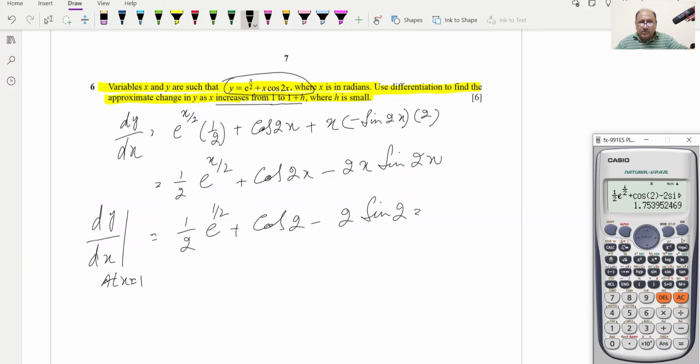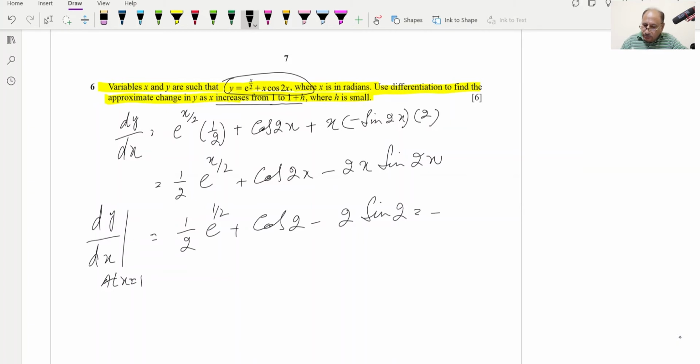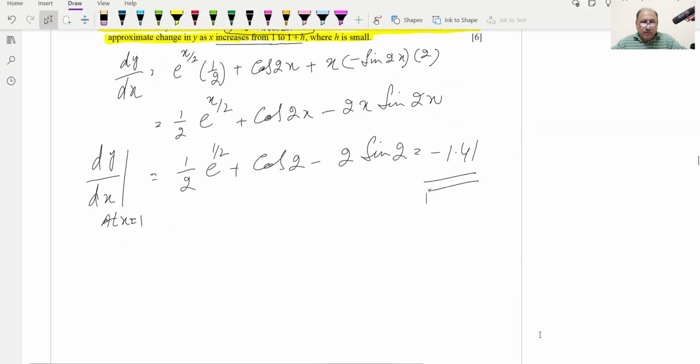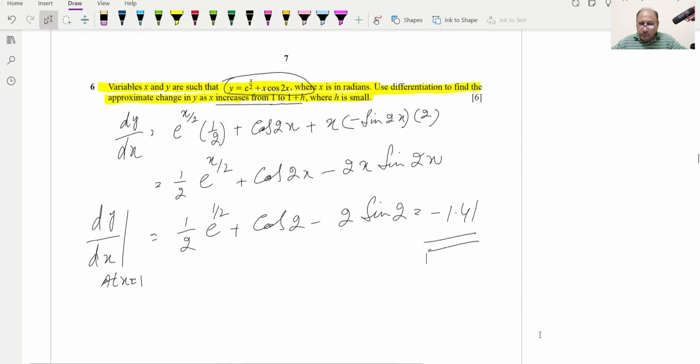The calculator is in degree mode, so we'll have to change the mode to radian, and the answer will be equal to minus 1.41, up to 3 significant figures. This will be our answer for this question. This is a 6 marks question which we have done.